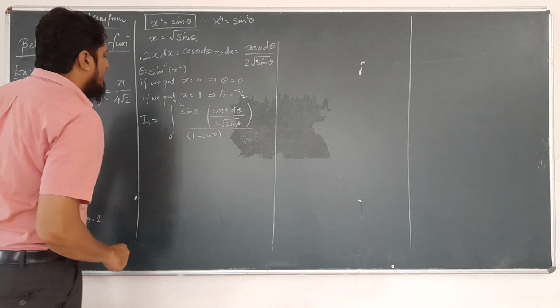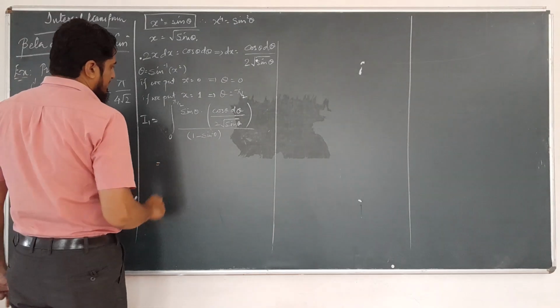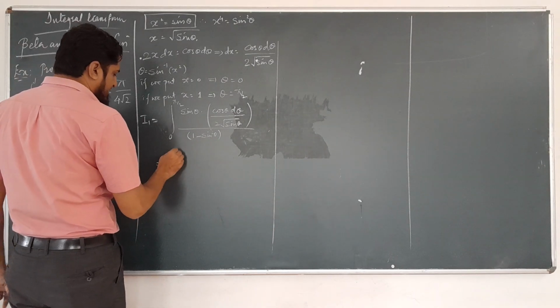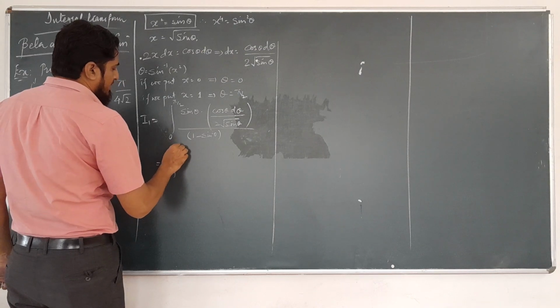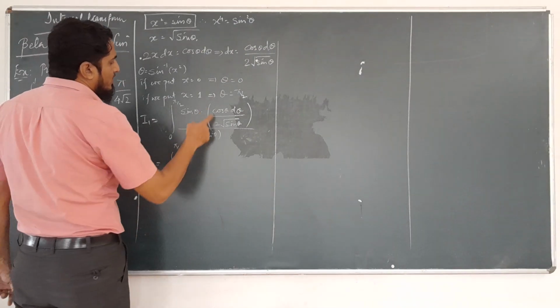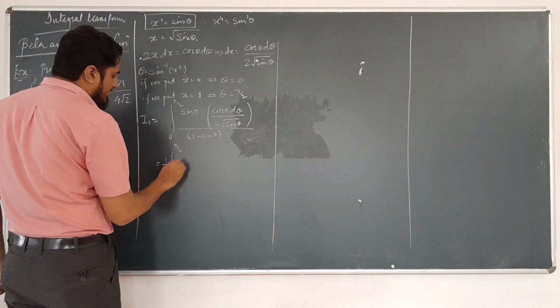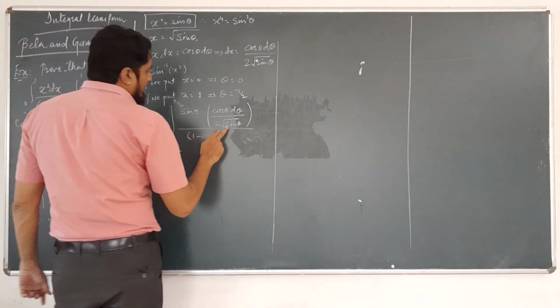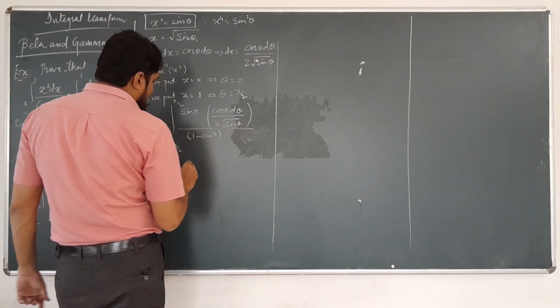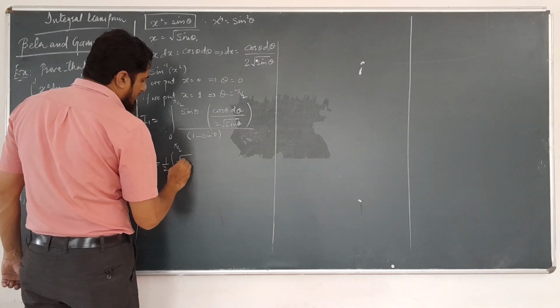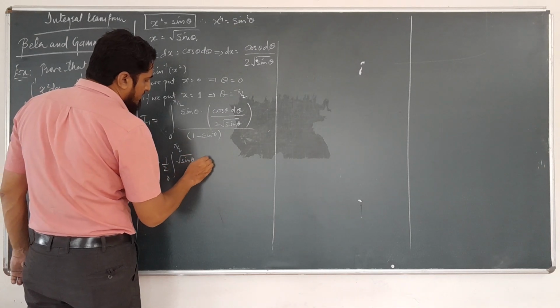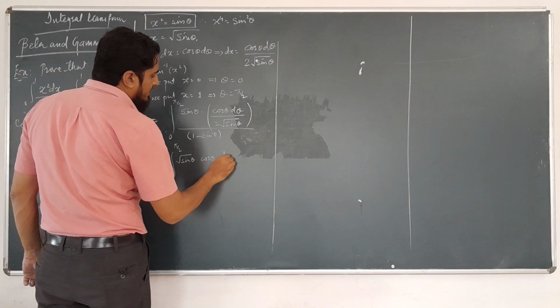Simplifying this equation, we will get integration from 0 to pi by 2, taking 1 upon 2 outside, and sin theta upon root sin theta will give us root sin theta into cos theta d theta.